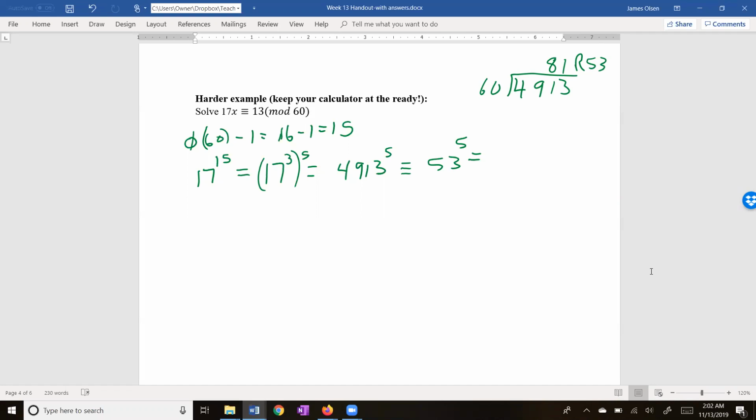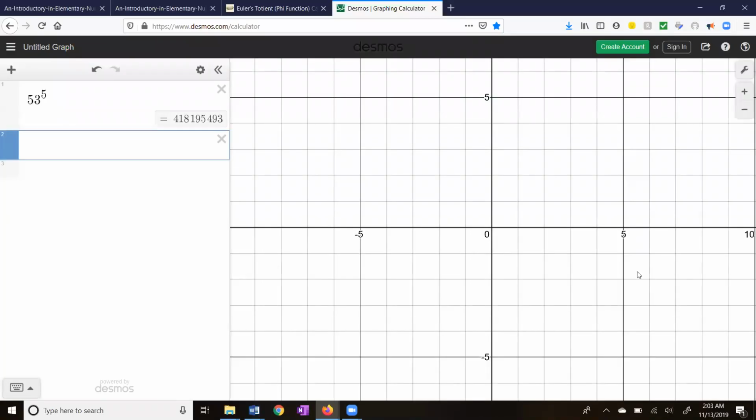And when I take 53 to the 5th power on a graphing calculator, I get another huge number. Maybe I'll jump over to Desmos and do it over there. 53 to the 5th power is 418 million.